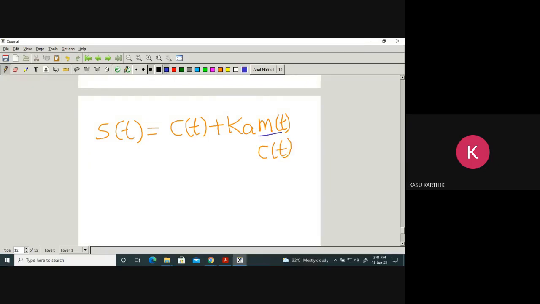You have taken m(t) and multiplied it with c(t), and this is Ka, and to this term we have inserted a pure carrier. This is how AM is generated.